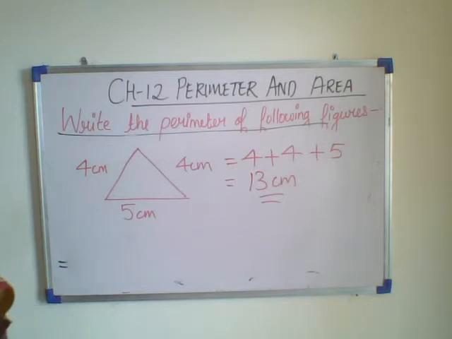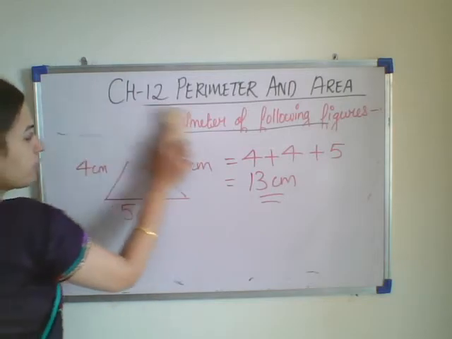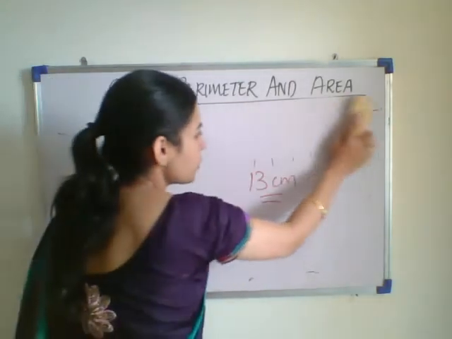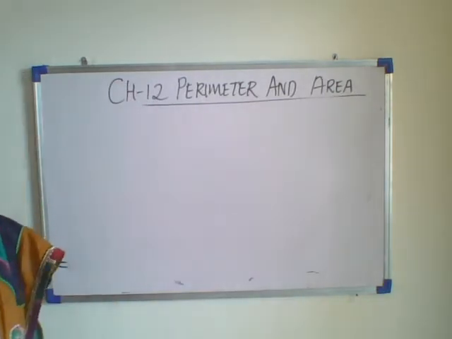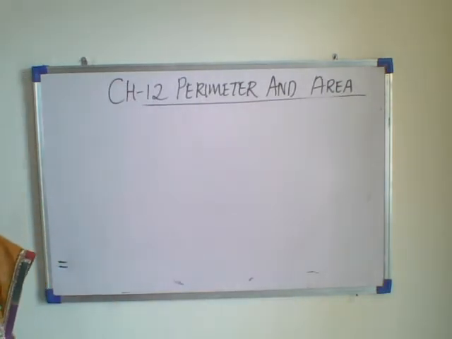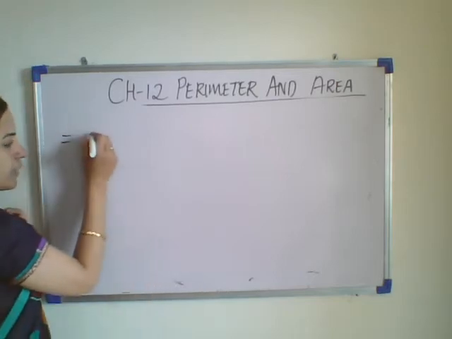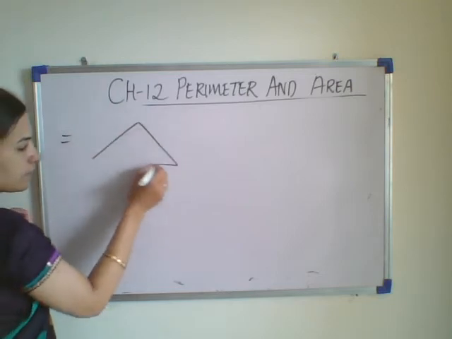Now we have to determine the perimeter of a triangle if in the question the figure is not drawn. We have to determine the perimeter of a triangle and the sides are given. Suppose there is a triangle. This is a triangle.